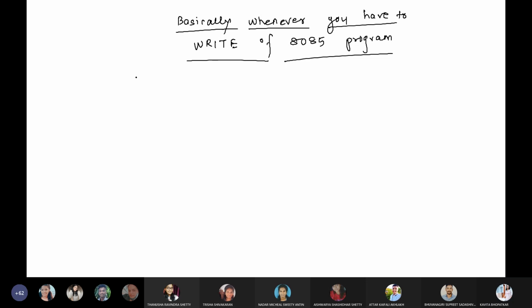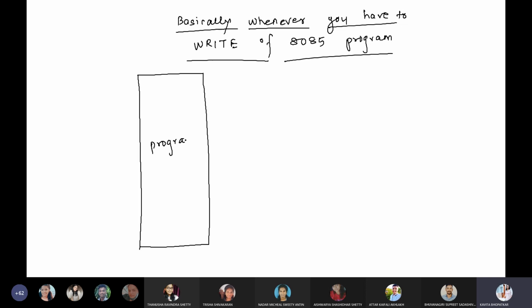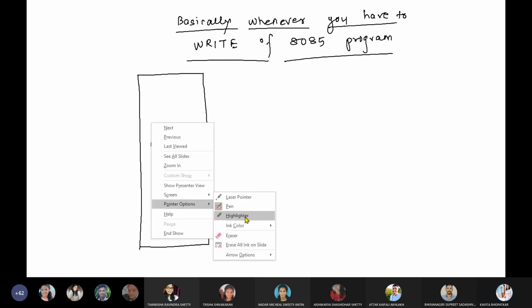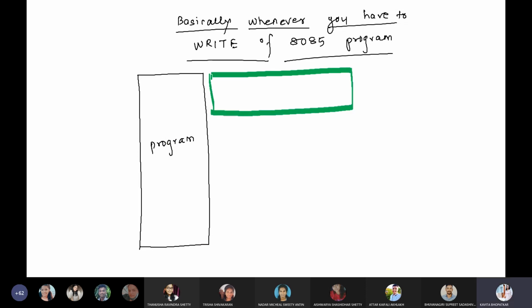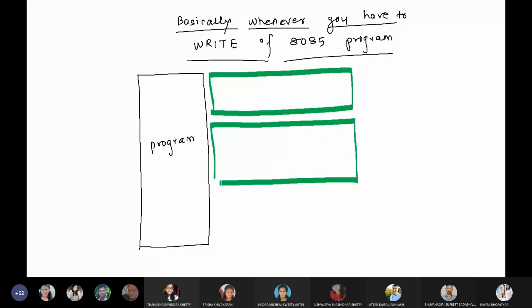The whole program will have three sections. First, retrieving the inputs. Second, processing the data.